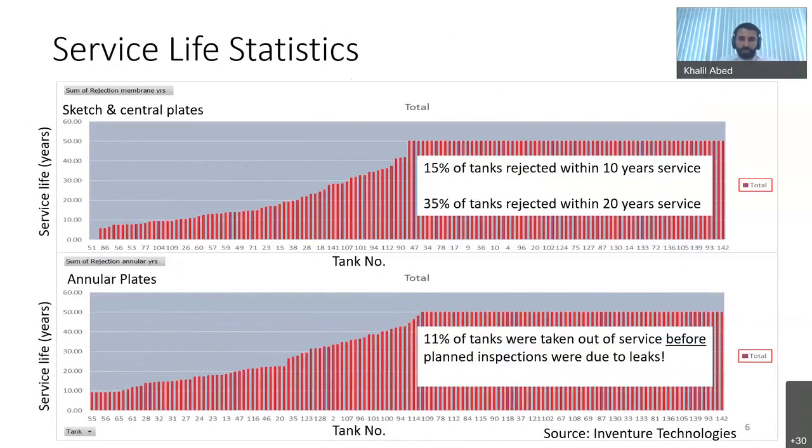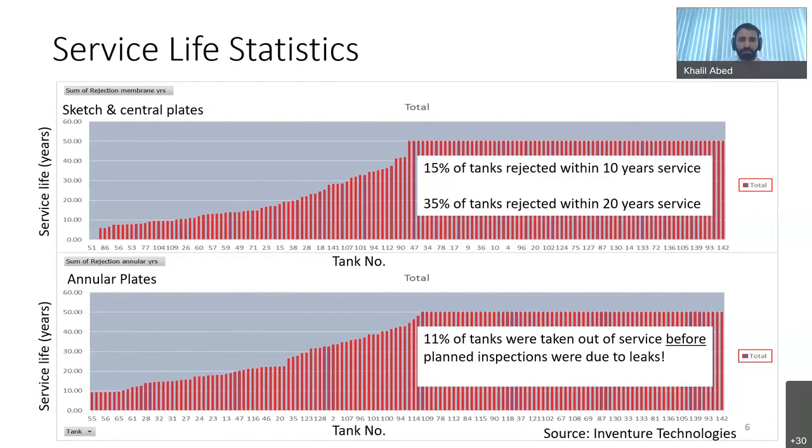Now, soil side corrosion directly impacts the service life of the tank. From the previous slide, we saw that the corrosion rate can go as high as 1.2 millimeters per year, and a high corrosion rate impacts the service life of the tanks. In these 2 graphs, the y-axis is the tank service life in years, and the x-axis is the tank number, sorted in ascending order based on the service life value.